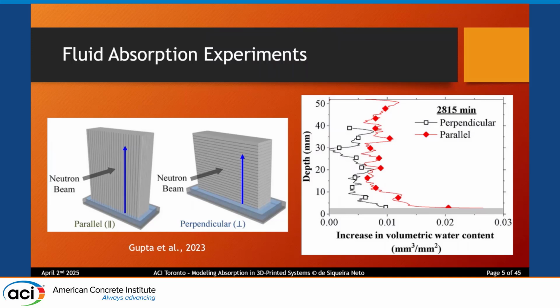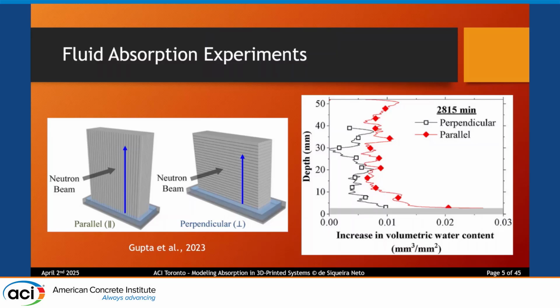Now, there have been a few attempts to look at this experimentally. I'm showing you on the left a very typical setup for an absorption test that our group did, where we use a technique called neutron imaging to generate the plot on the right, where on the horizontal axis you have the increase in water content, and on the vertical axis you have the distance to the bottom of the sample.